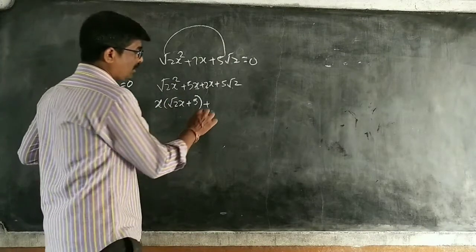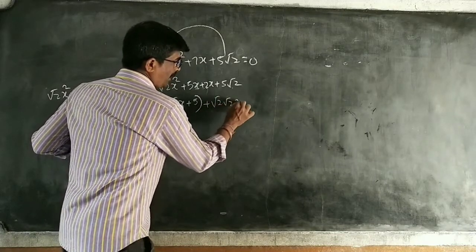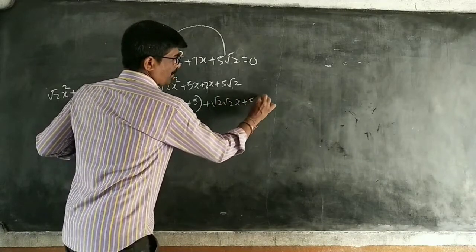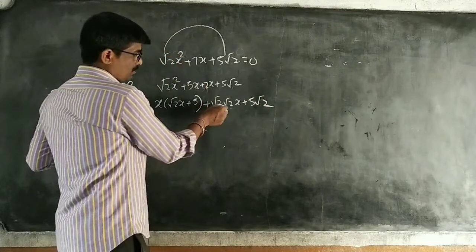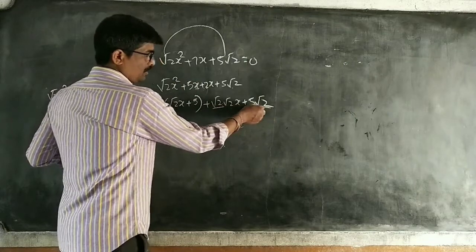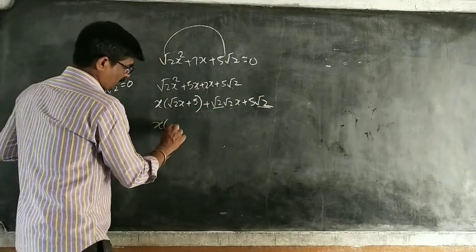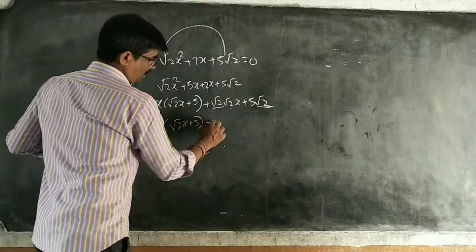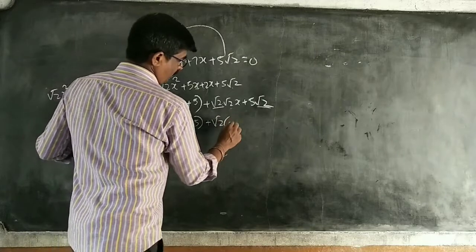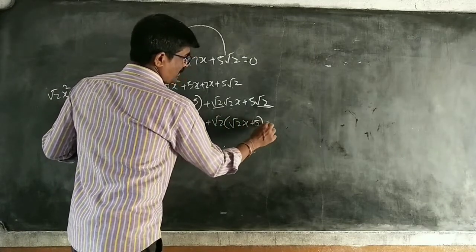At that time, how to write? 2 we are writing as root 2 into root 2, x plus 5 into root 2. Observe, root 2 into root 2 is 2. So no problem. So here also root 2, here also root 2. So first I have to bring root 2 common. So x is equal to root 2 x plus 5, plus root 2 I am picking up. So root 2 x plus 5 is equal to 0.